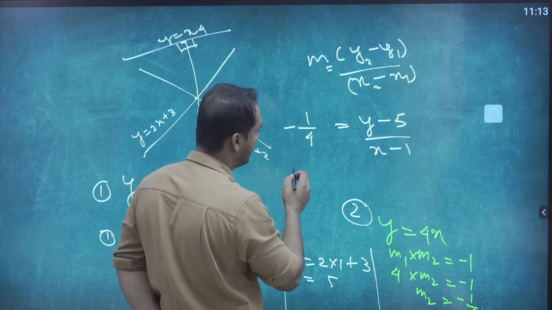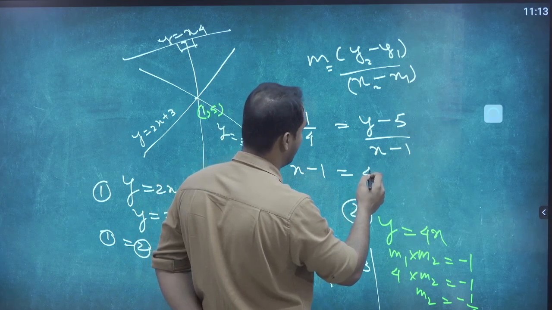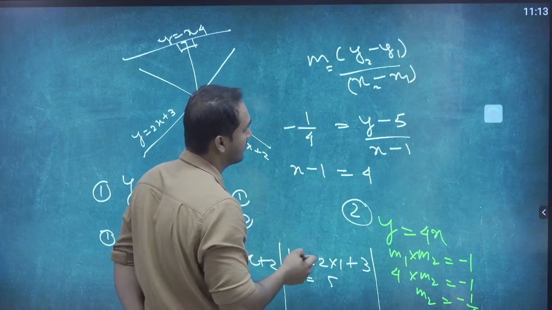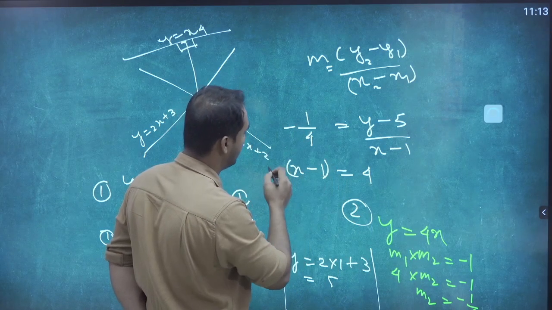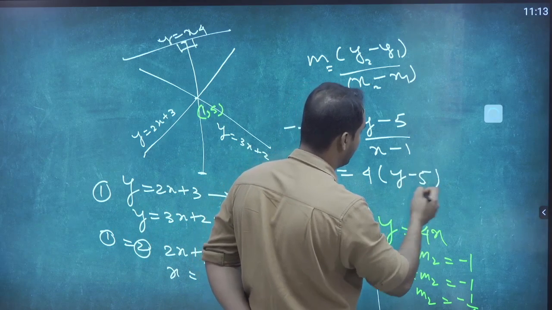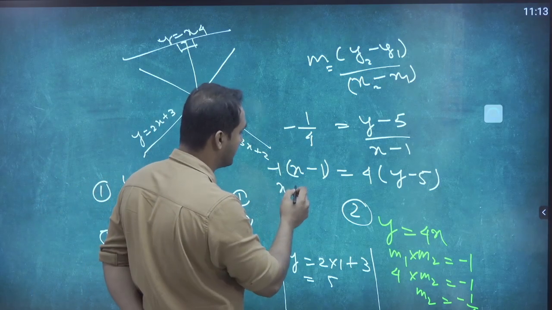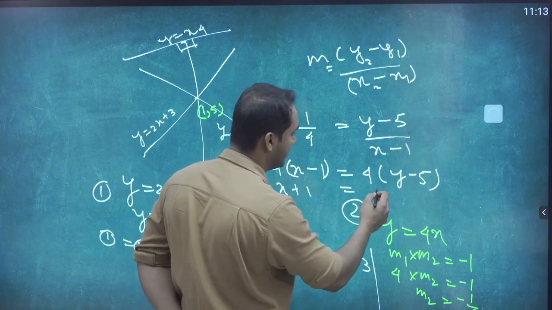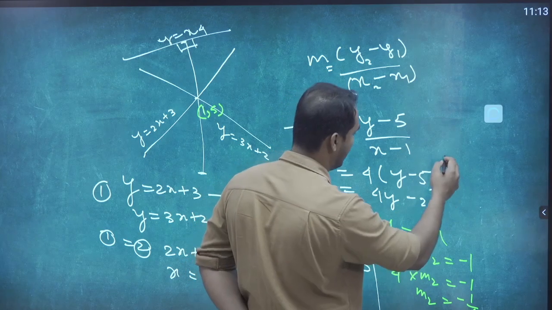Cross multiply it, you get x minus 1 into minus 1 equals 4 times y minus 5. Right? So this will become x plus 1 equals 4y minus 20.